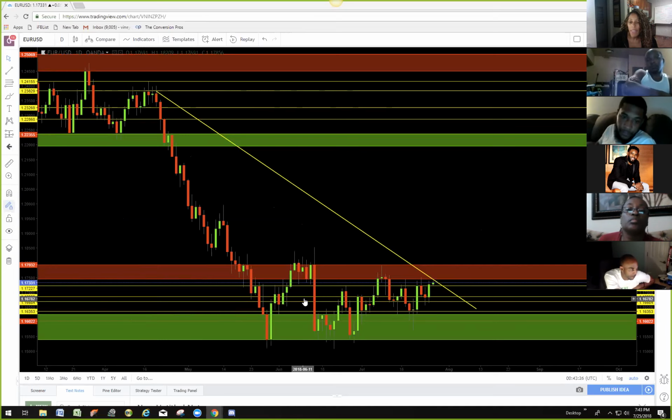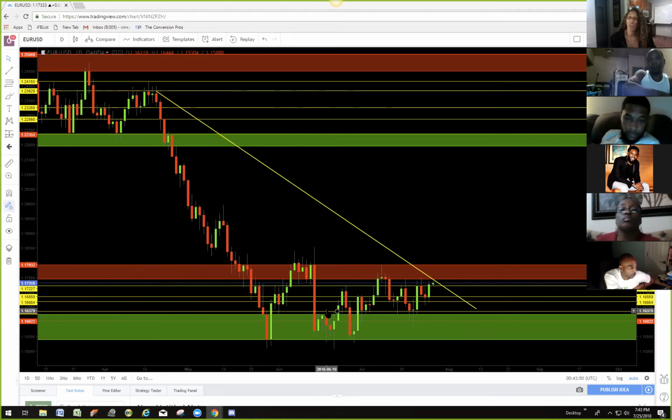You're down right there at a demand zone. If you get in at the demand zone, do you see why you would have got right out at the supply zone? Right. Because if you get in at demand, you take profit at supply. So there's nowhere to go. That's what I'm saying. There's nowhere to go. Yeah. That's why price is bouncing around, because it's at the top.